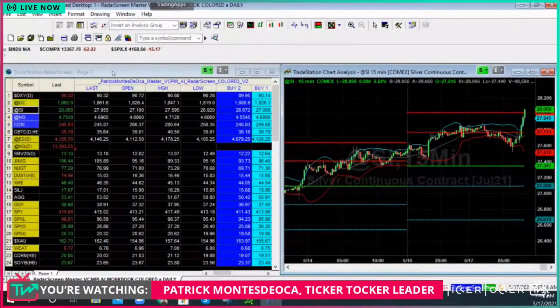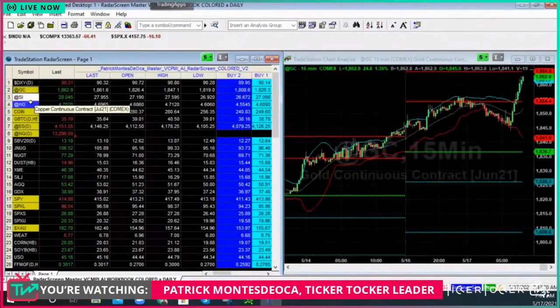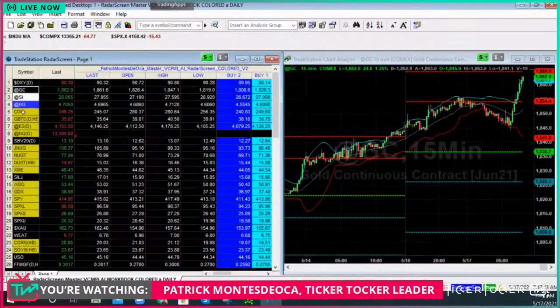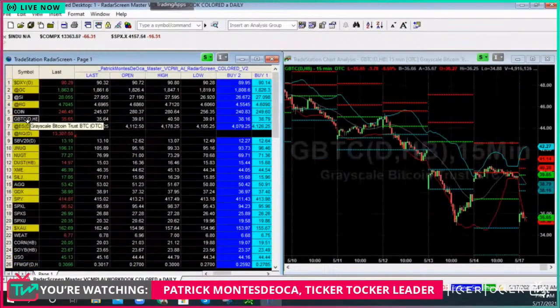Gold making new highs. It looks like coin has made a bottom as well. GBTC is struggling here a little bit into a very extremely oversold condition.